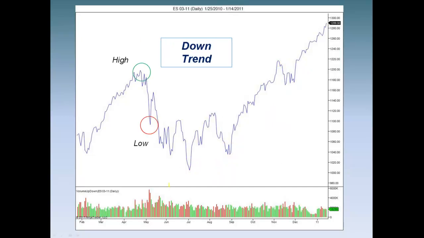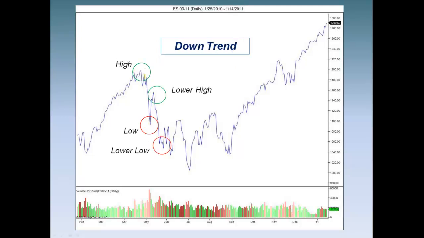Now let's take a look at a downtrend, which is the exact opposite. We begin with a high here in this area and a low. Now let's take a look at the sequence of what happens to our highs and lows on this diagram. First high here, next high here. What's happening? Lower highs. Look again. We had a low here and a lower low here.